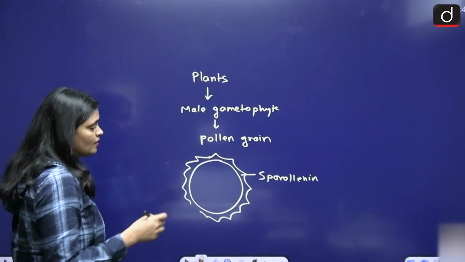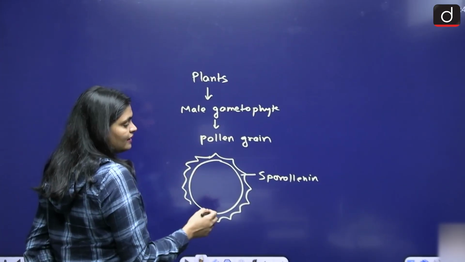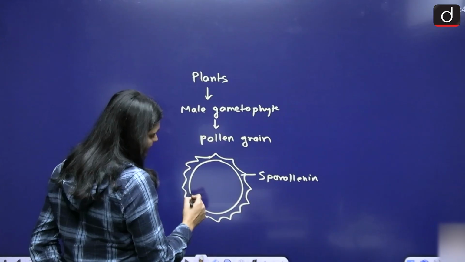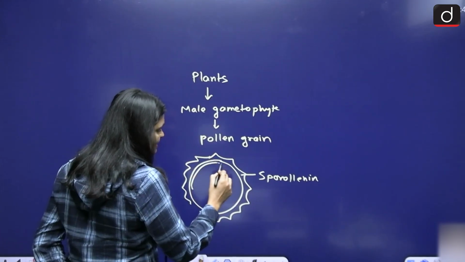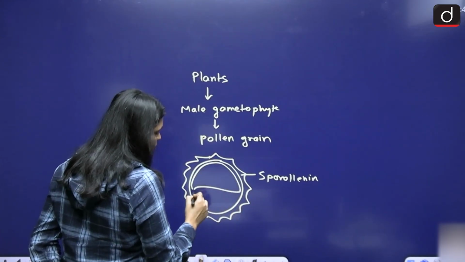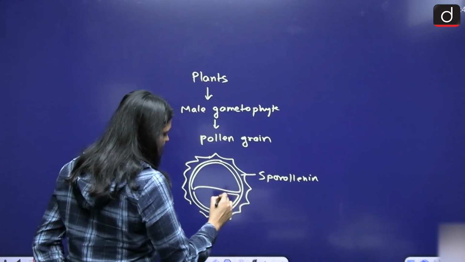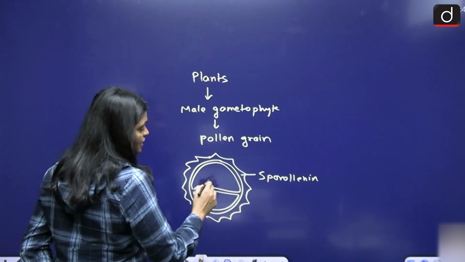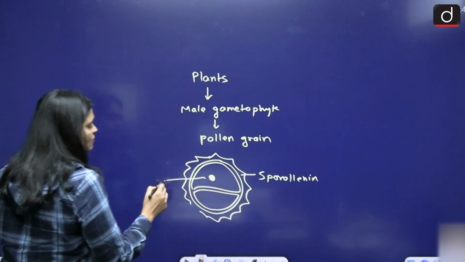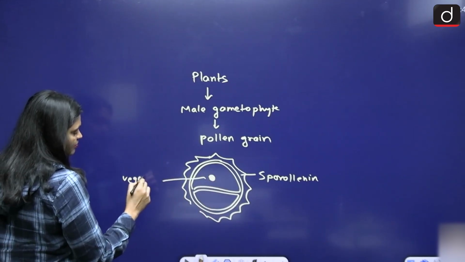Now this is the pollen grain. This pollen grain has two cells within it. One is a generative cell and the other is a vegetative cell.